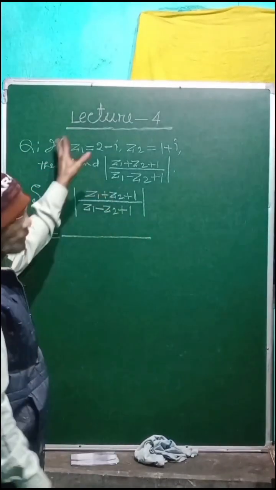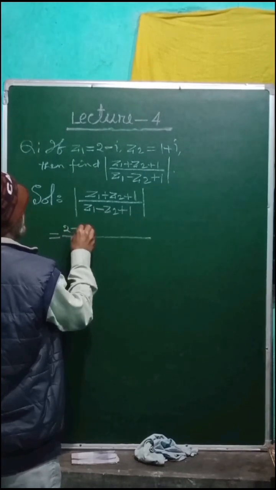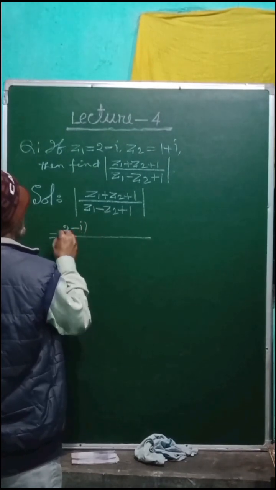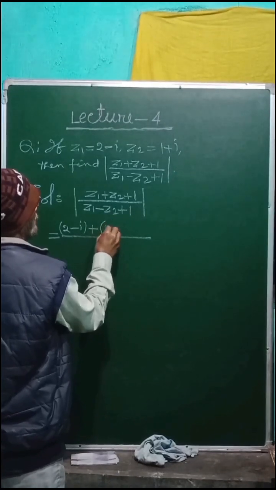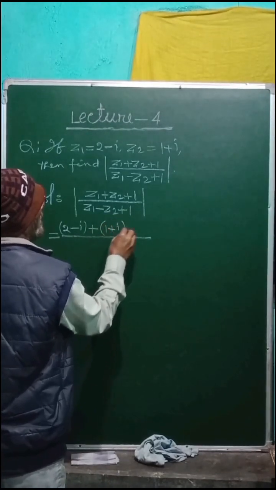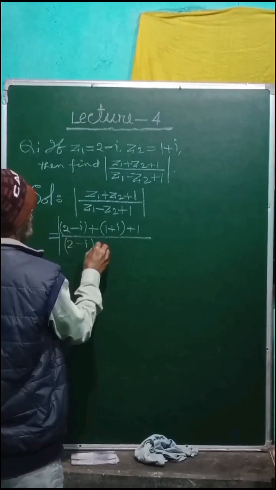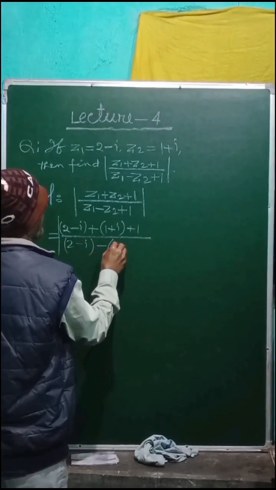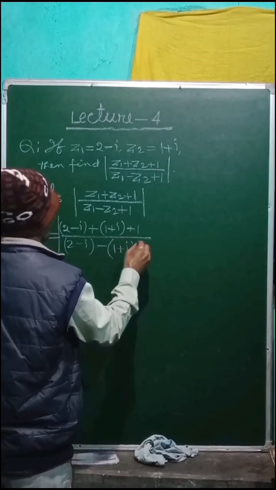Now we are putting in the given values. z1 is equal to 2 minus iota plus z2 is equal to 1 plus iota, after that 1 added. In the denominator, 2 minus iota minus 1 plus iota plus 1.